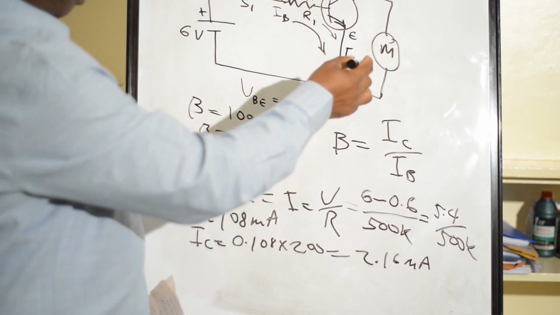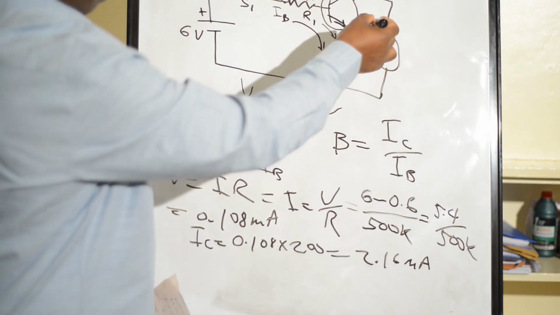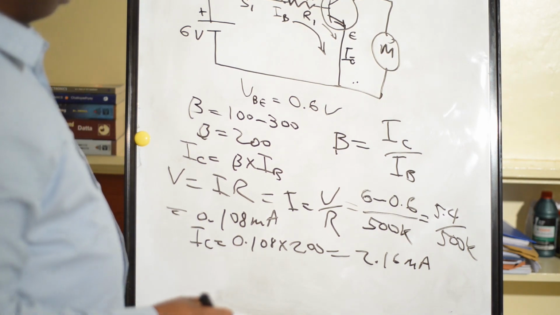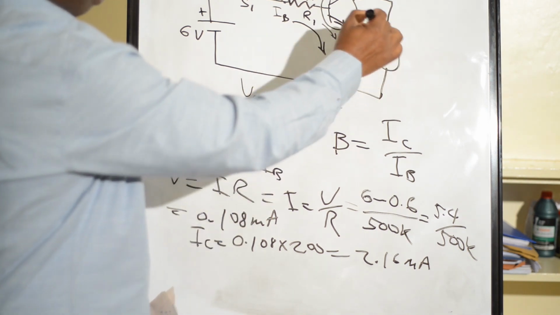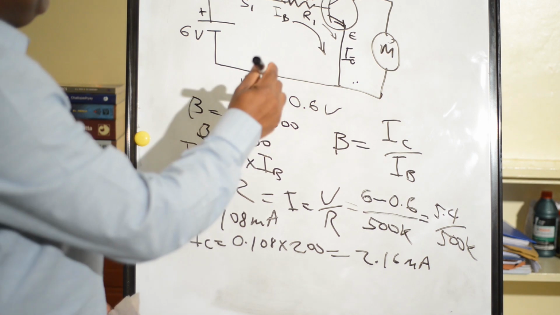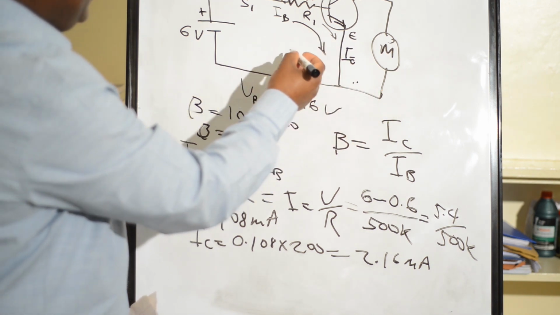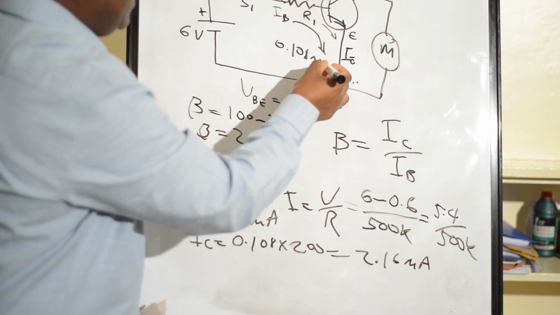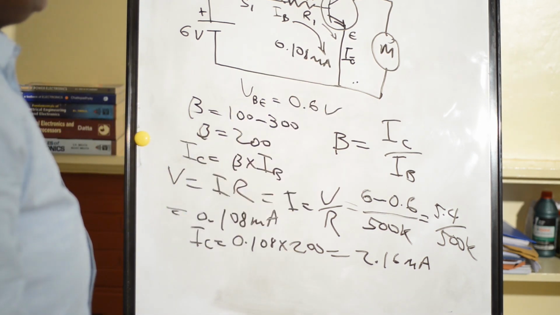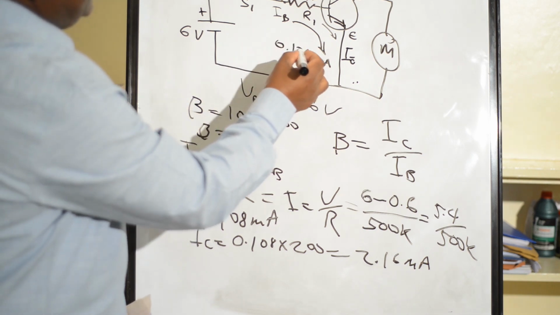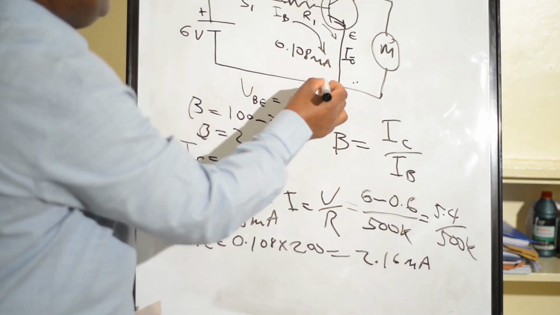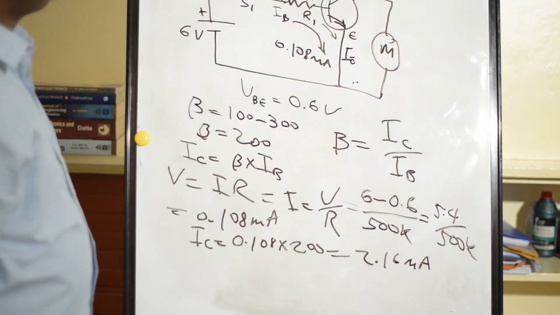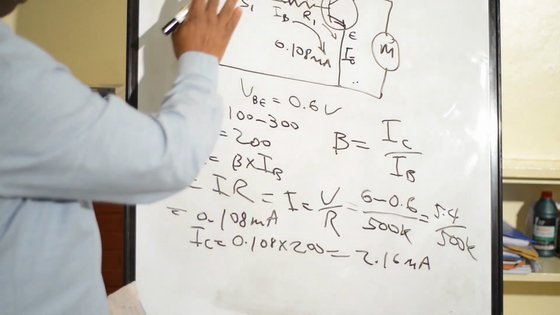So we want to know how much voltage will be here. That's our aim, the voltage which will control the motor. We have applied a small current, which is 0.108 milliampere. That's our IB current. So we want to know how much the output voltage to control the motor will be. So this circuit is a switch.